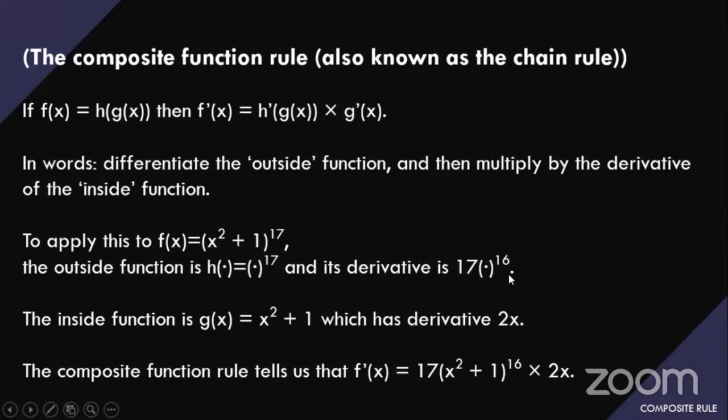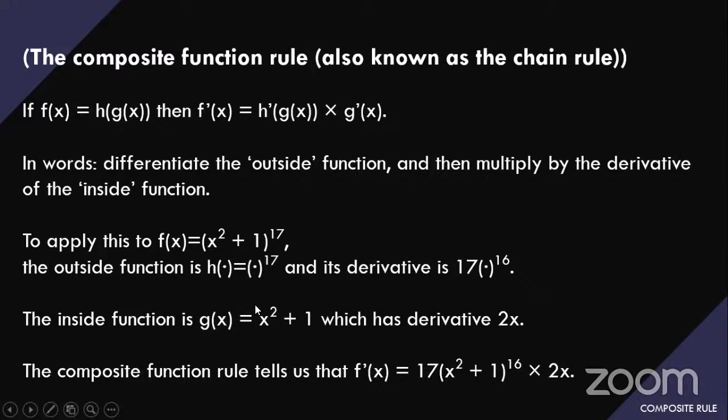So what I derive is 17 times the bracket, this dot, raised to the power of 16. Then I will go next to the inside function g of x.